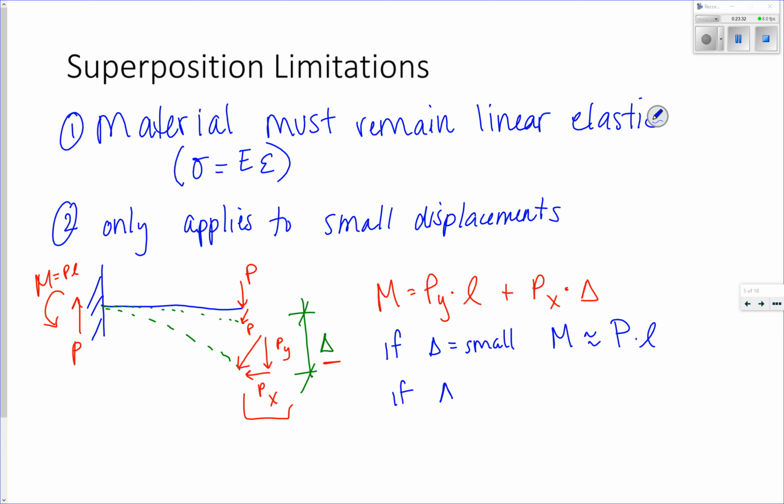But if I have a large displacement, then I have to add in that P delta effect. So my equations of equilibrium that I'm used to would not be correct. I'd have to know what that deflected shape is.